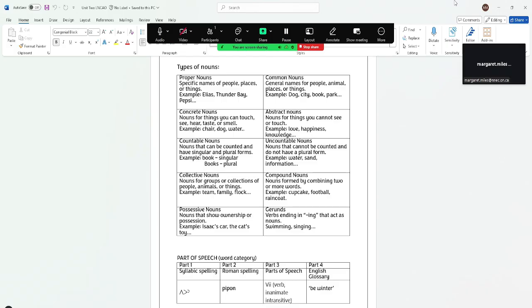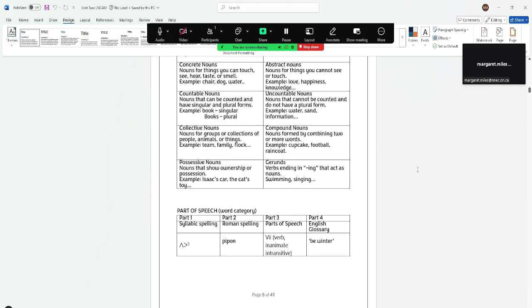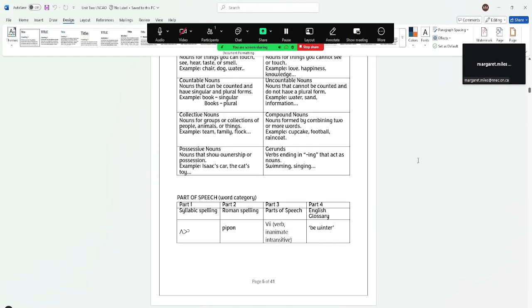So again, we said the parts of speech, word category. There were 4 parts in the dictionary. Part 1 was spelling. And we have an example here in the chart. Part 1, syllabic spelling. Part 2, Roman spelling. Part 3, parts of speech.